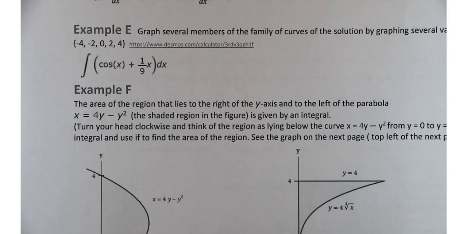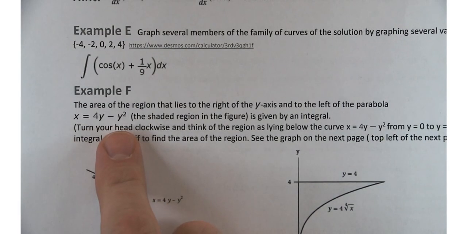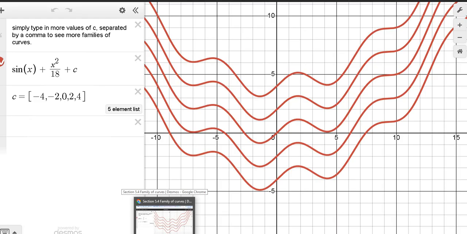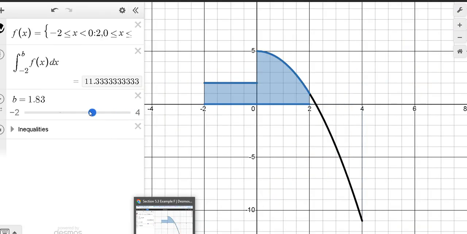We're going to go back to interpreting the integral as an area. Typically, we think of the area as being between the curve and the x-axis. We saw that with example F from section 5.3.